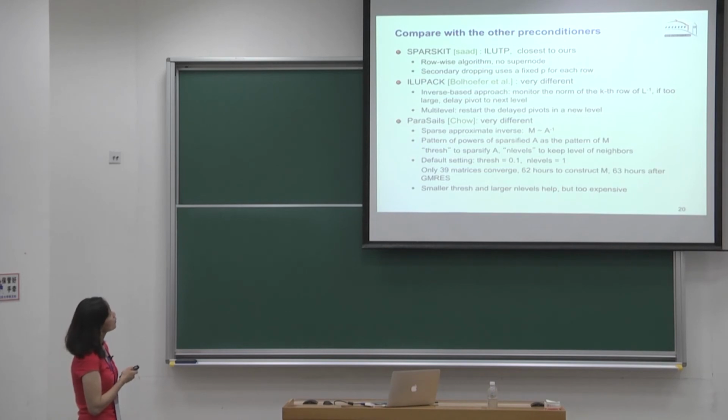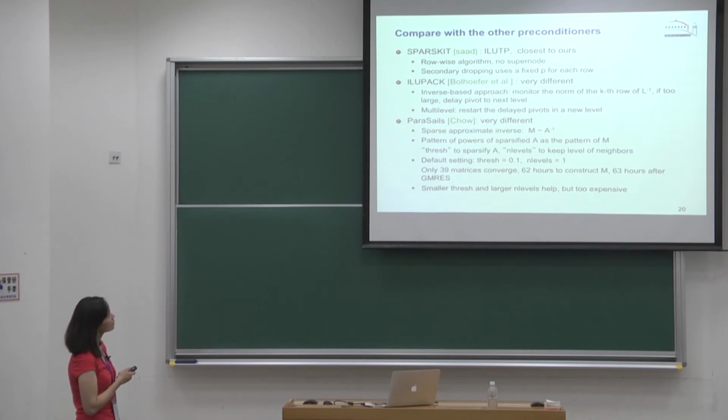So we did the experiment with their default. This code is available with a default setting, using a threshold of 0.1 to drop the elements smaller than this, and n levels to be 1, which is relatively conservative, but it's their default. Then we found that only 39 matrices converge. So it's not very reliable, not very good.